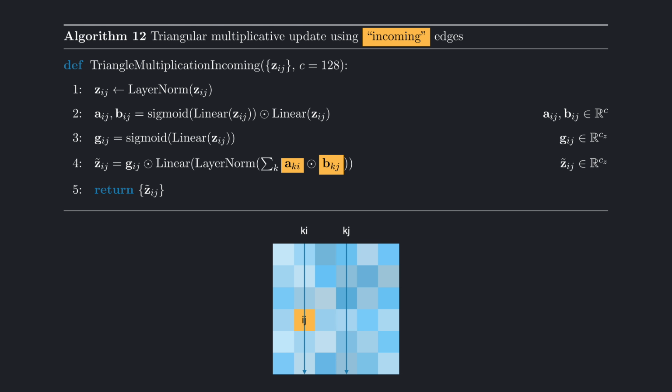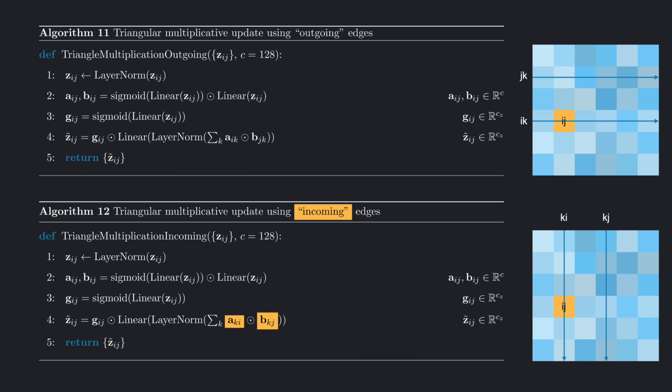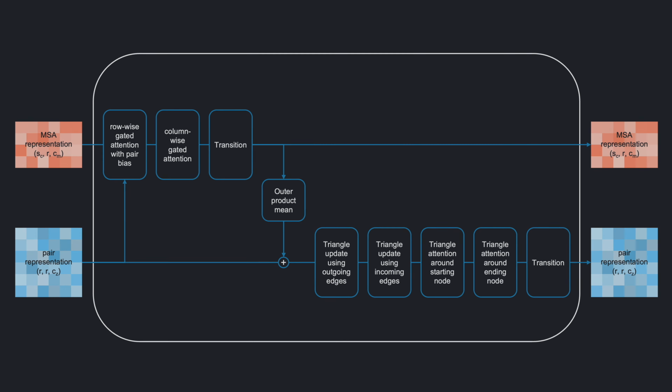Here, you can see the two algorithms side by side and look at what makes them different. Using outgoing edges, we operate on two different rows, a_ik and b_jk, while for incoming edges, we operate on two columns, a_ki and b_kj.